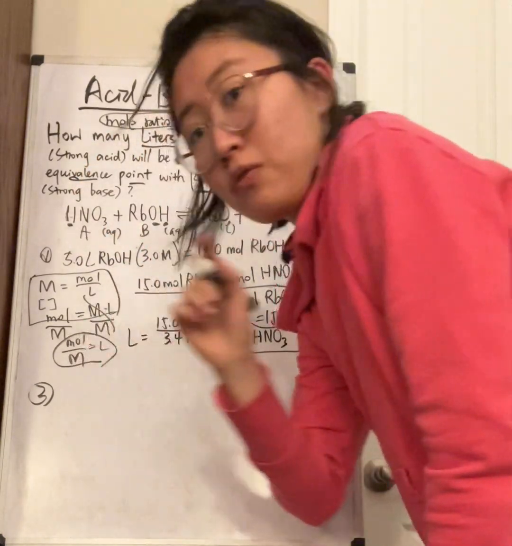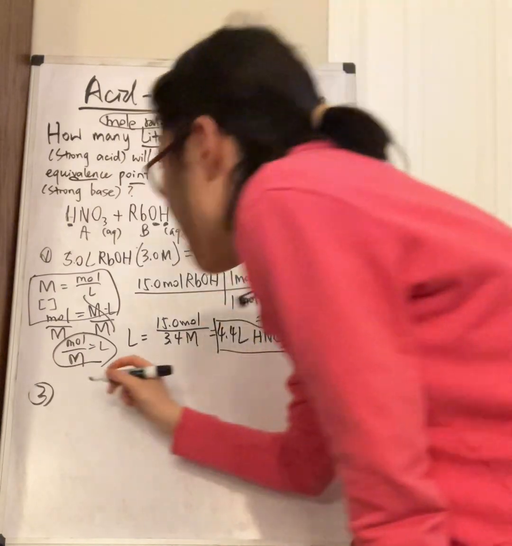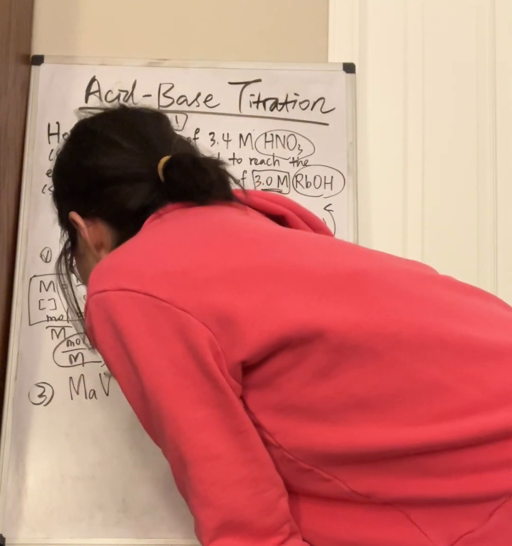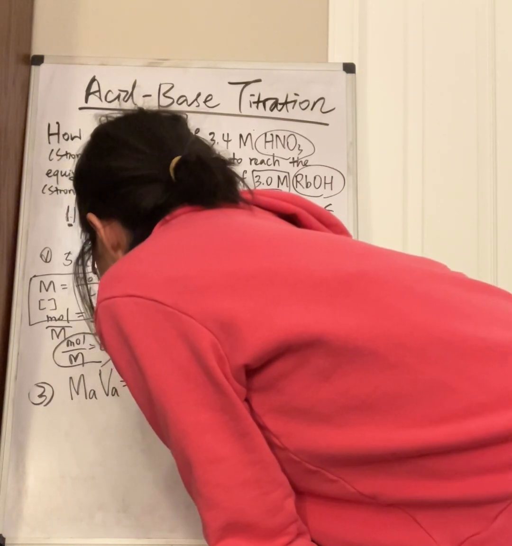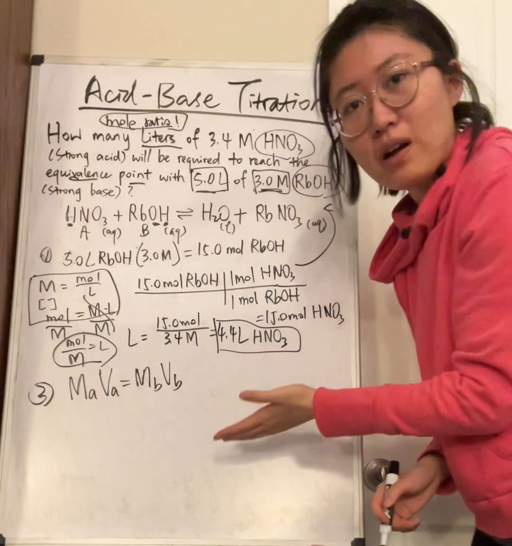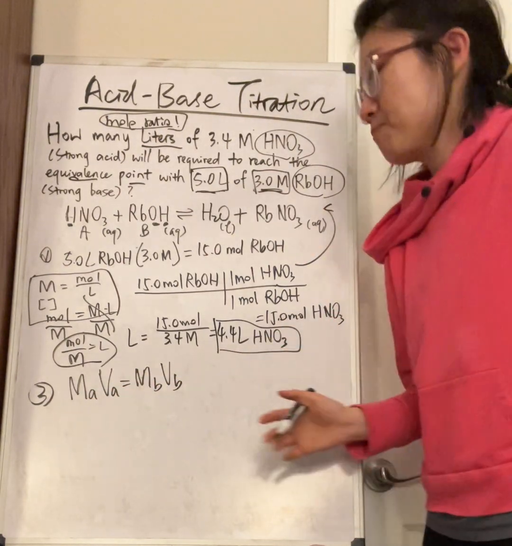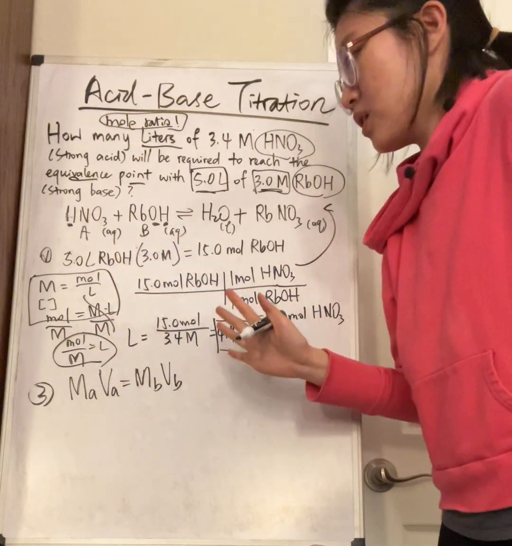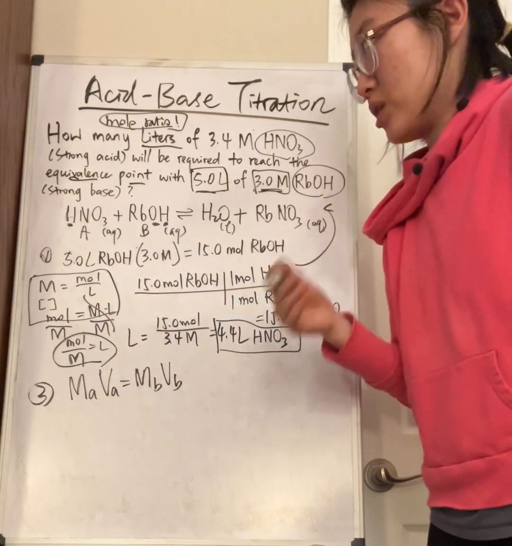So the formula that we're going to use for the second method is molarity of acid times the volume of acid is equal to molarity of base times volume of base. Okay, so kind of similar, right? Basically this formula works just fine for every problem that has a 1-to-1 ratio for the reactants.